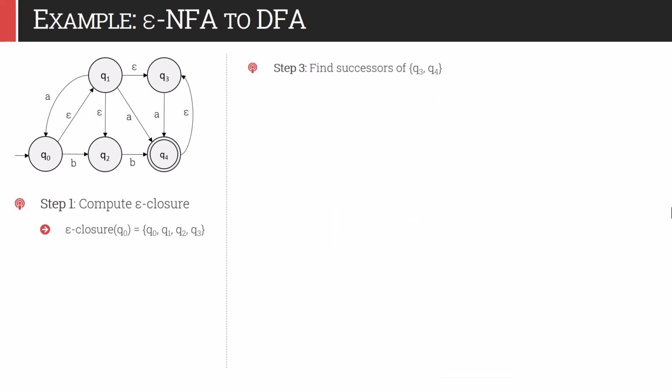Let us start with Q3, Q4. That is equivalent to the epsilon closure of delta Q3, Q4 on A, which is the union of the delta transition functions of Q3 and Q4 on input A. Delta Q3, A is Q4, and delta Q4, A is phi, because there is no transition for input A from state Q4.